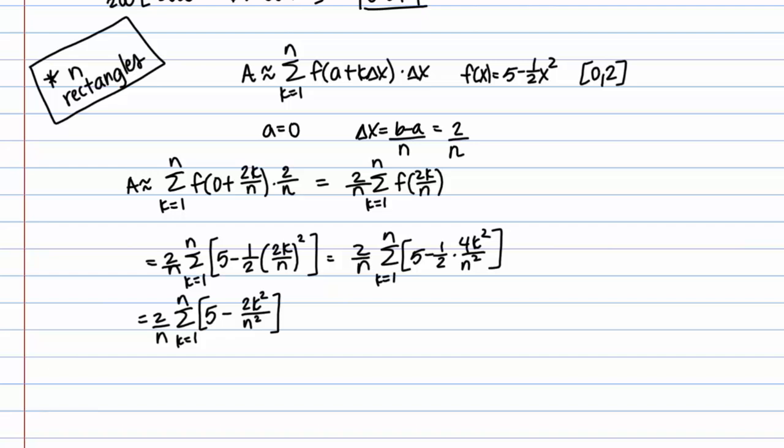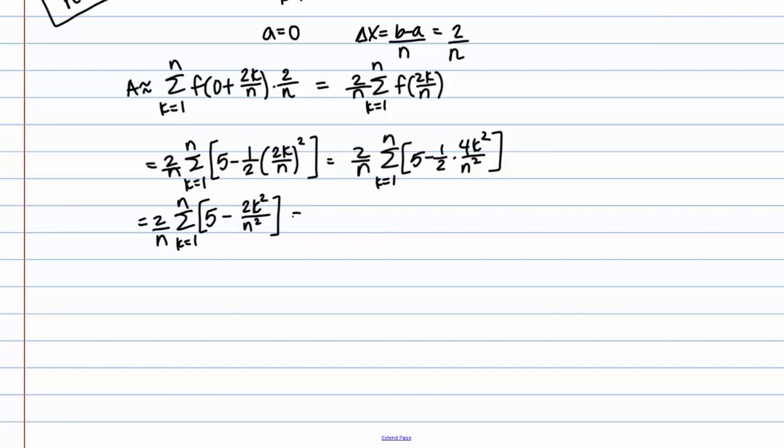Now, once again, we're going to proceed like we did before and split up this summation. So 2 over n is out front of everything, but then I can split this up into the sum of 5 minus, now the constants here are 2 over n squared, so I pull them out, and then I have the sum of k squared.